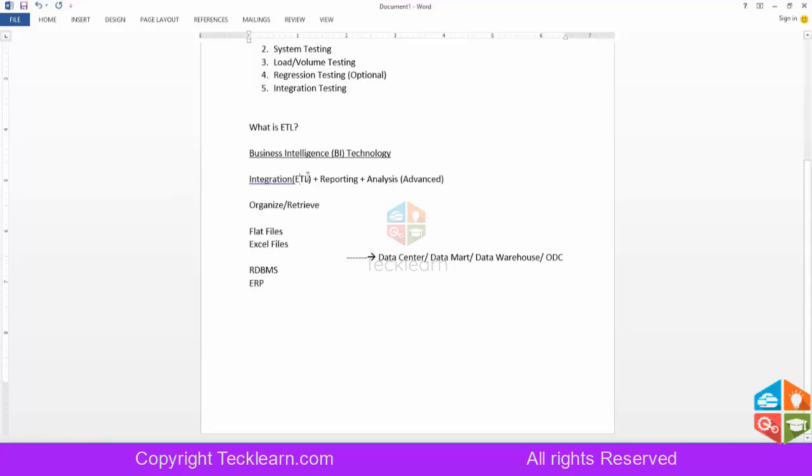And finally, once we're done with the transformations, we load data. Load data where? To our central system. This is again an RDBMS, maybe SQL Server or Oracle or anything.